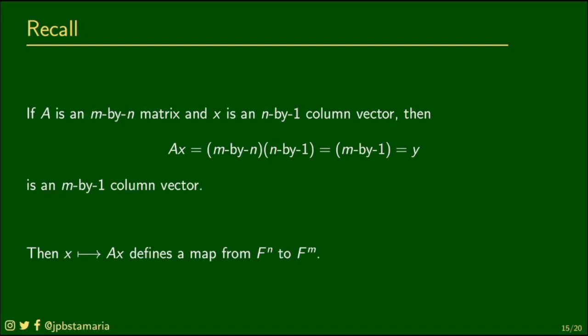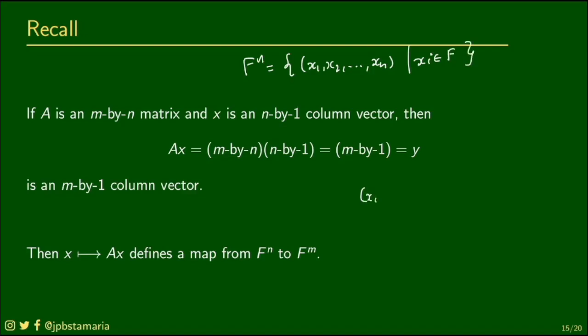Thus, the mapping that sends x to the product Ax defines a function from the space Fn to the space Fm. If you write the vectors in these spaces in column form, right? Because normally we write the elements of Fn normally as follows, like this, right?